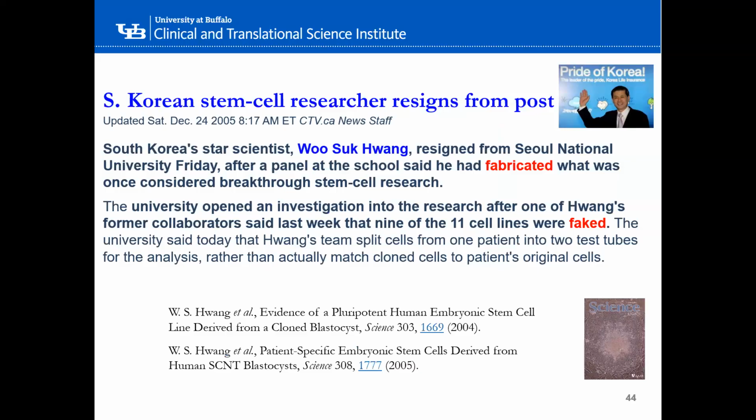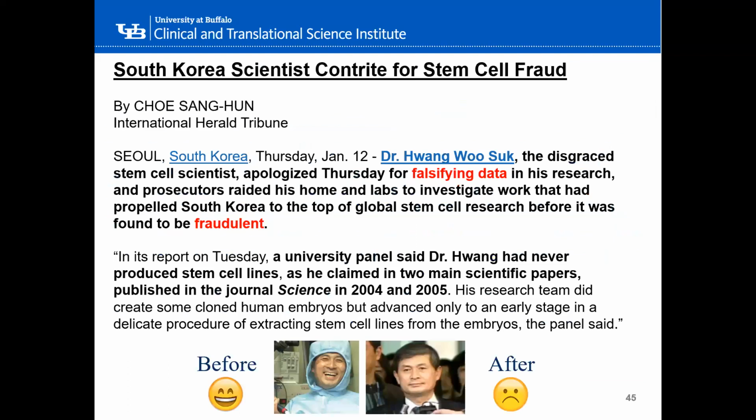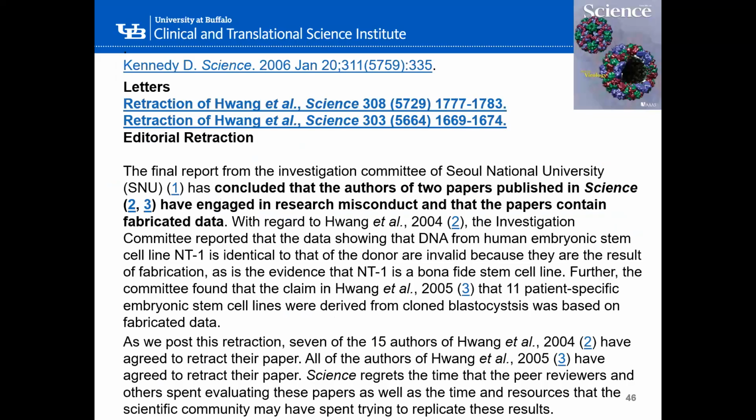And this is another example of team science where there were multiple laboratories, not only in South Korea, but also in the United States, that were involved. And all of them had to go through a research misconduct inquiry. He ended up losing his position and basically was drummed out of science.